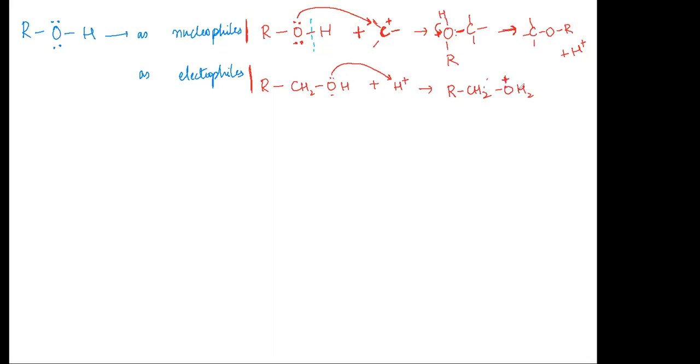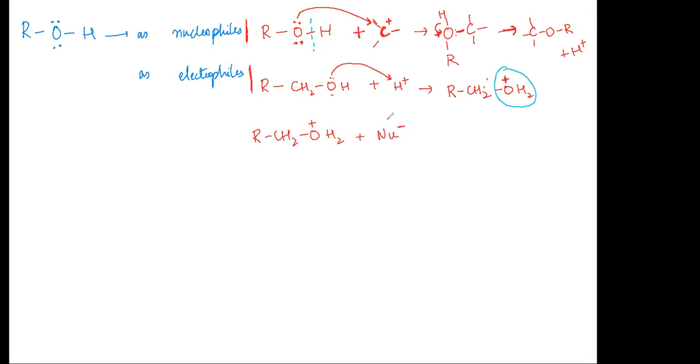Now because of this positive charge, the formation of this intermediate basically makes it an electrophile. So now it is in need of electrons. So then in the presence of a nucleophile, so you have RCH2OH2 plus in the presence of a nucleophile.